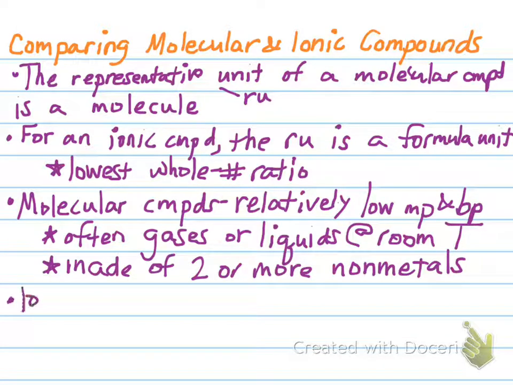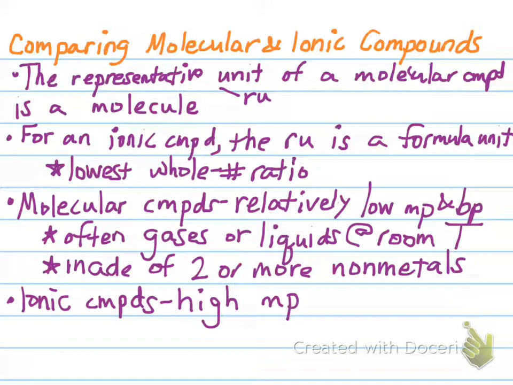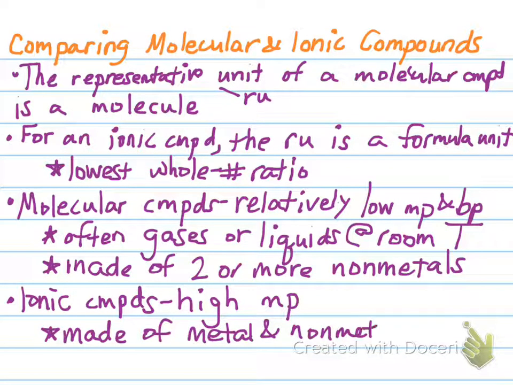Ionic compounds, by contrast, have high melting points, and ionic compounds are made of a metal and a nonmetal, or they contain a polyatomic ion.